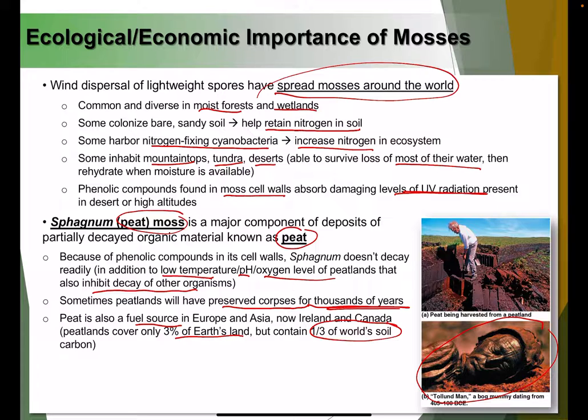I think they were talking about it in terms of billions of tons of carbon that peat is harboring. So this is something we want to preserve and keep around, because it's very useful for both our environment, ecology-wise, and also our economic means.